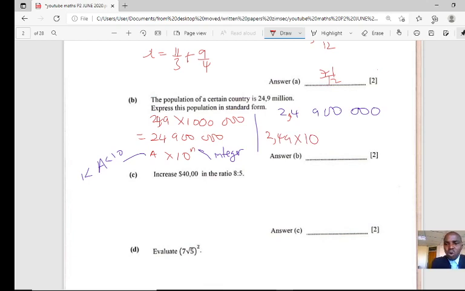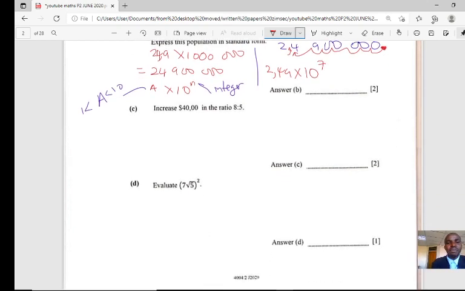Like in this case, initially it was here. Then let me count the places that it moved. So it's 1, 2, 3, 4, 5, 6, 7. So it will be to the power 7. You are done. That will be your answer.